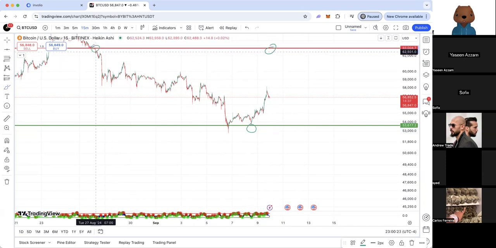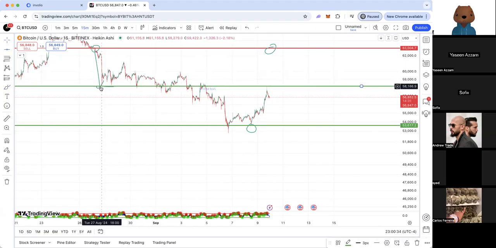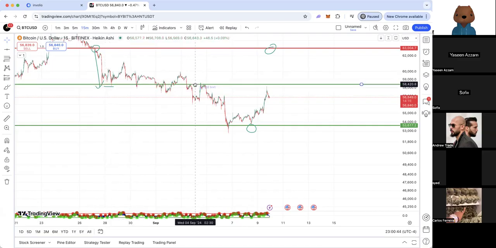So if you shorted here, right, 62,000, you would have caught a nice short here, closed, right? Then you would have probably been like, oh, there's a support forming here on the 15-minute. Another support. I see it, because I can put a line, and the most amount of points that it's touching is literally here.